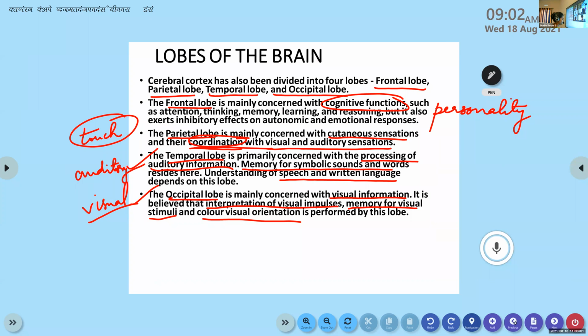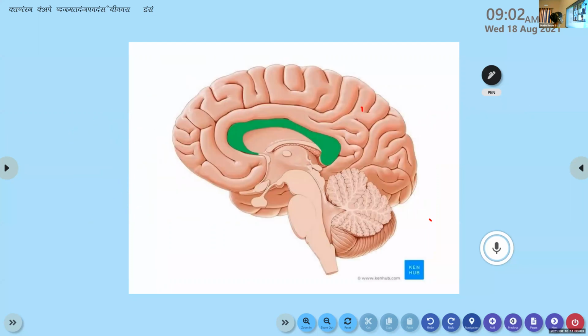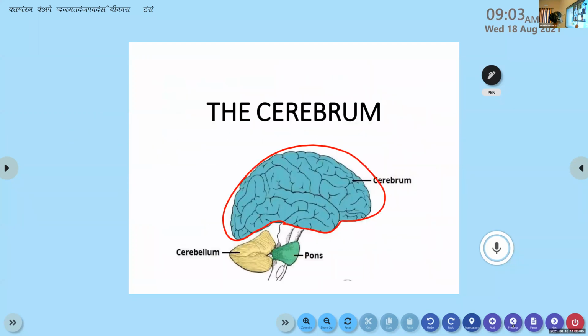Okay. So from the beginning, we talked about the whole cerebrum. That is a part of the forebrain. Always remember, we have divided the brain into three: hindbrain, midbrain, and forebrain. The cerebrum occupies the major part of the whole brain, the major mass of the human brain.